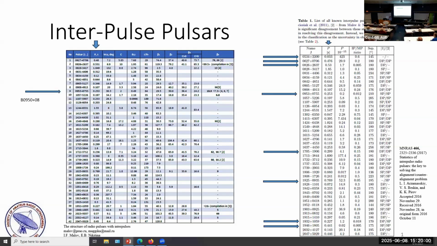I had to first find out where the interpulse pulsars are. So from about three papers, I extracted these charts that list them. You're going to see some arrows pointing to pulsars. That's because I took all these charts and mashed them up with the 20-meter database.